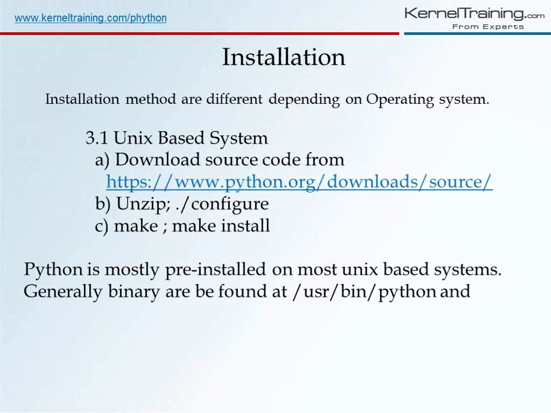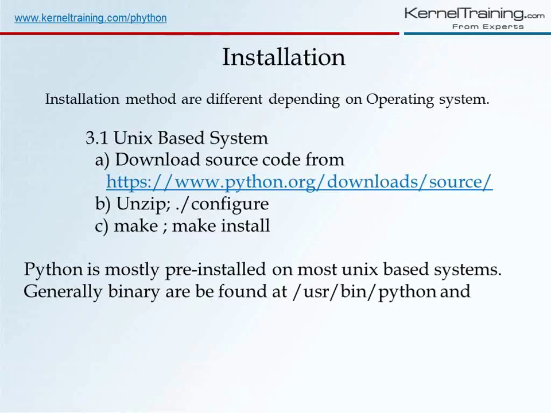Okay, so we can look into the installation first. Like I said, for Unix-based systems, Python is mostly bundled. If you don't have Python on your system, you can simply go to python.org and download the source. You need to compile it.